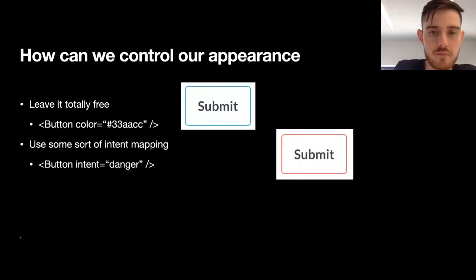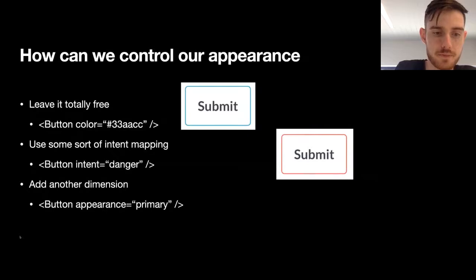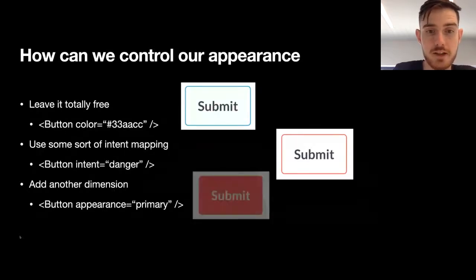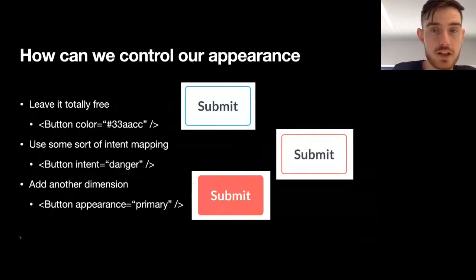How can we get those blocky shaped ones before? Well, we added another dimension. So we said, if we set, say, appearance equals primary, we do something like this. So now we have, as opposed to a system that would be easy to implement in CSS, where you just have classes, one class per button variation, here we have a 2D system.